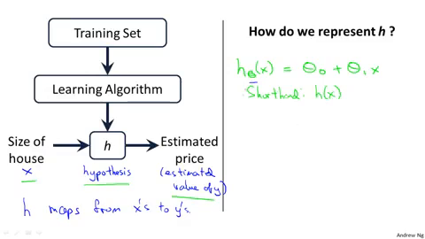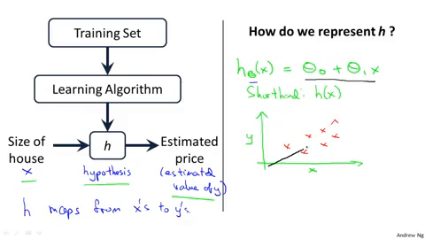And plotting this in pictures, all this means is that we are going to predict that y is a linear function of x. So that's our data set, and what this function is doing is predicting that y is some straight line function of x. That's h of x equals theta 0 plus theta 1 x.